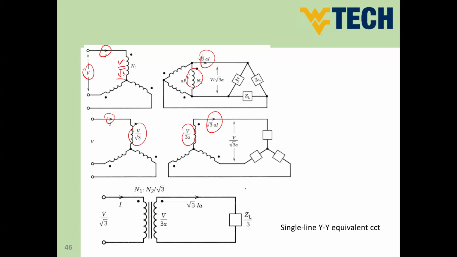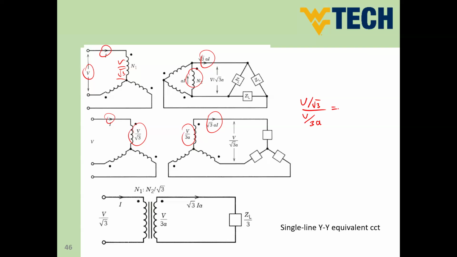Now, if you would like to compare the turns ratio of this transformer in order to solve it as a single phase, you will find that this volt divided by that volt represents the turns ratio. So V divided by root 3, divided by V divided by 3A, would provide the value of A divided by root 3. If you divide again, the primary volt is V divided by root 3 and the secondary volt is V divided by 3A.